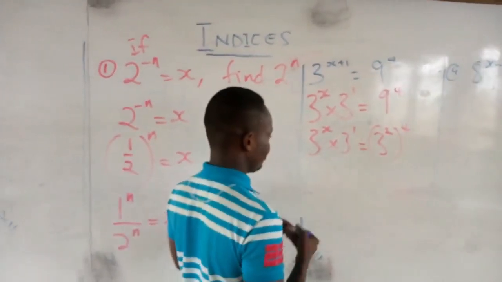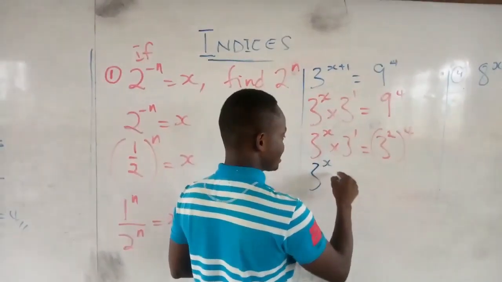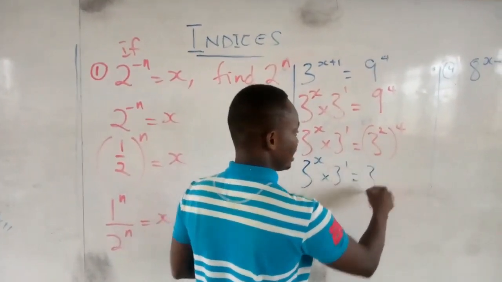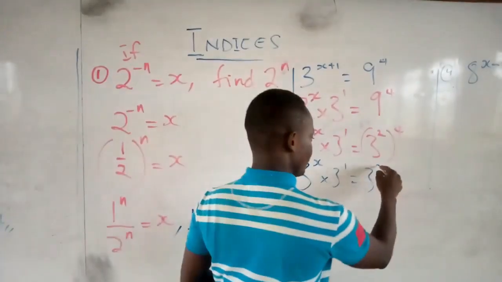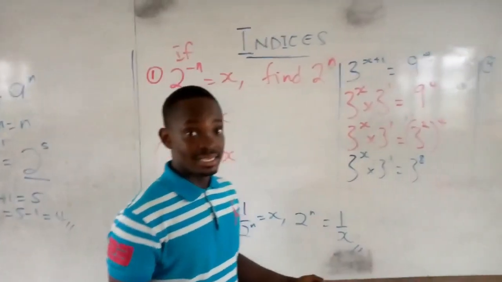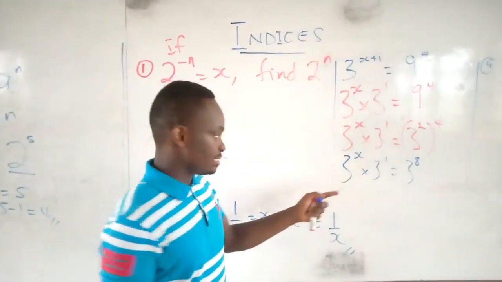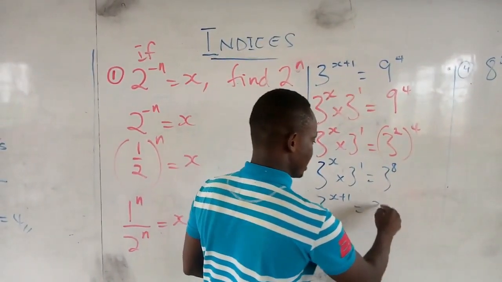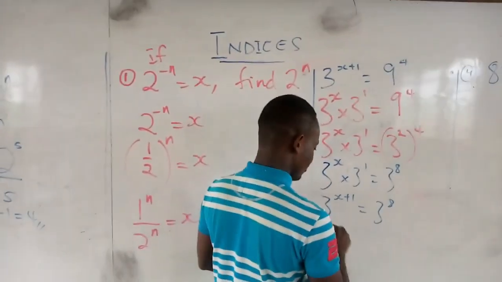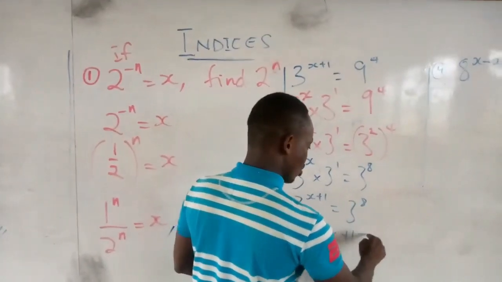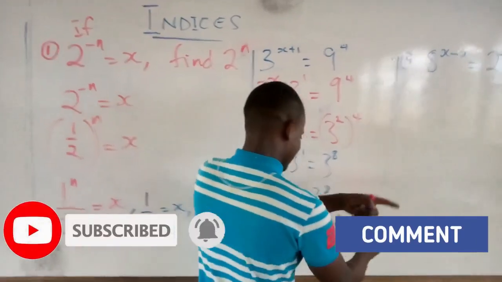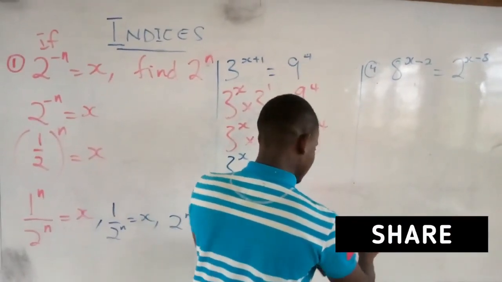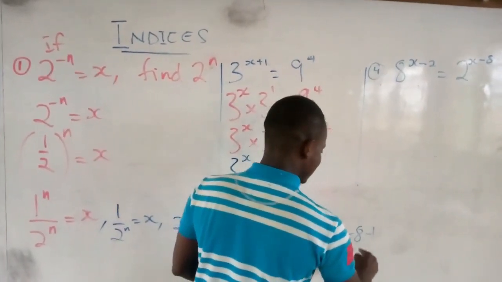So we have 3 power x times 3 power 1 equals 3 to the power 2 times 4, which is 8. Now I can feel free to equate my indices. Once again, let's send this back to the original: x plus 1 equals 8. So we have x equals 8 minus 1. Now our x is 7.